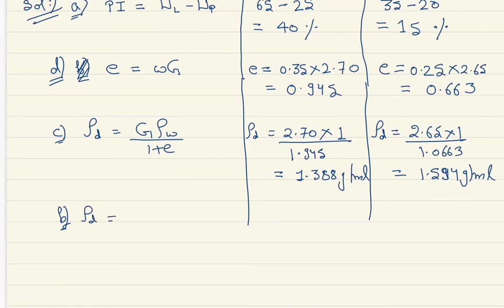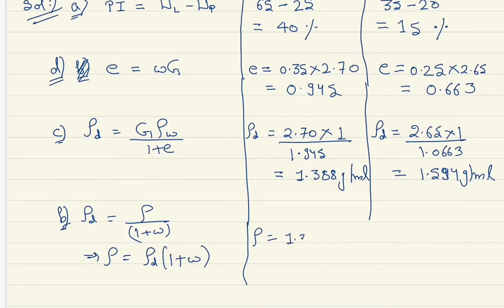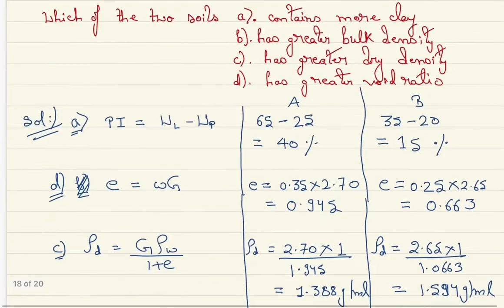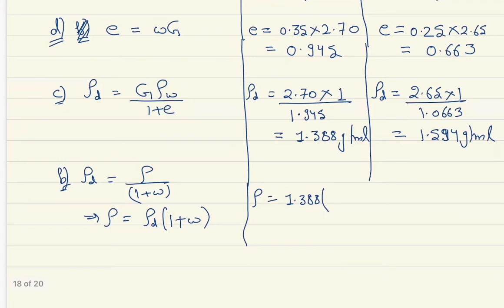Last is B, bulk density. We have already studied that dry density is equal to bulk density upon 1 plus water content. From here we can say that bulk density is equal to dry density into 1 plus water content. What is the dry density for soil A? It is 1.388. For soil A the water content is 0.35, so 1 plus water content is 1.35.